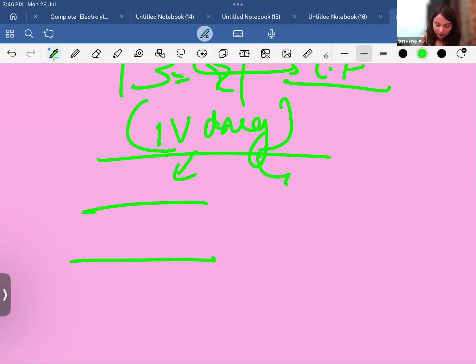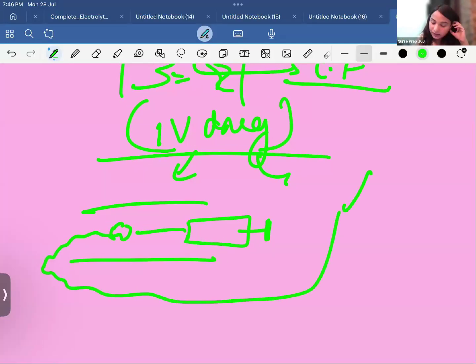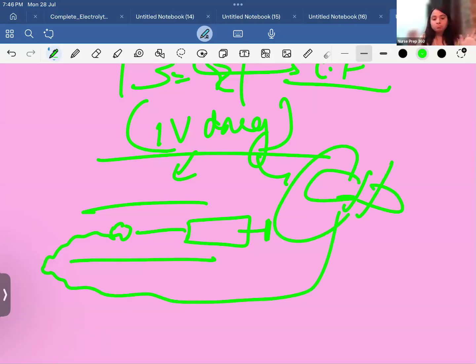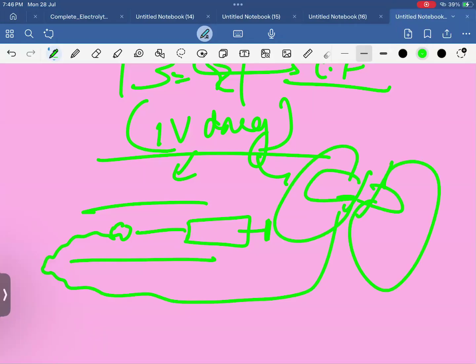For example, this is their vein, and they're putting this injection into their body. Due to this injection, there's a growth of bacteria because it is being shared by so many people. So these bacteria will grow and will infect your lungs. They will come through your blood, they will grow in your pulmonary system, and they will cause pneumonia.